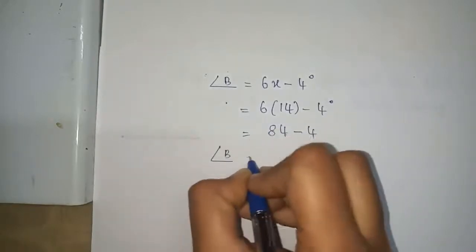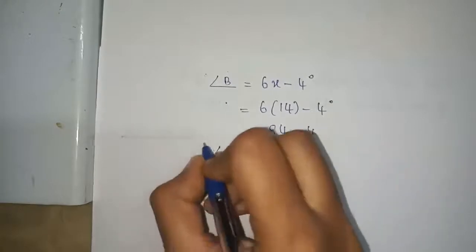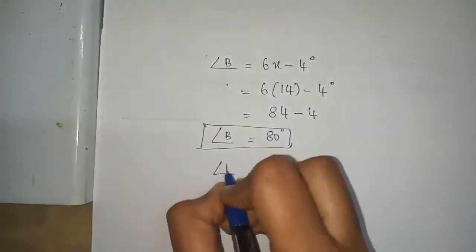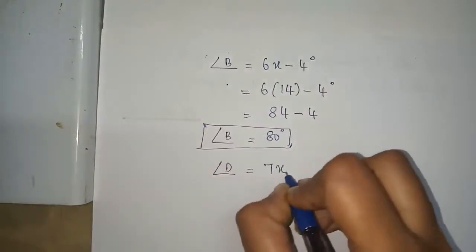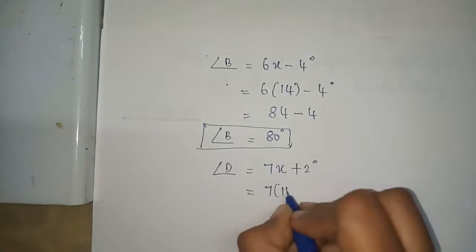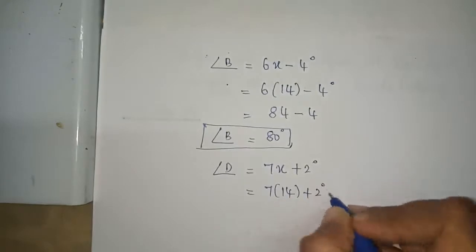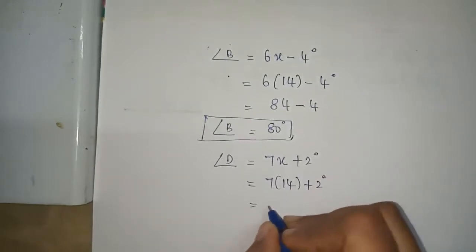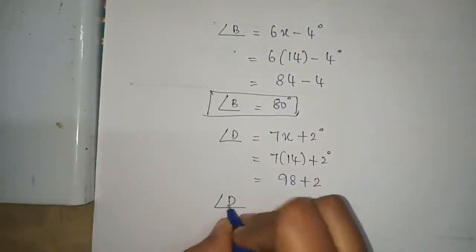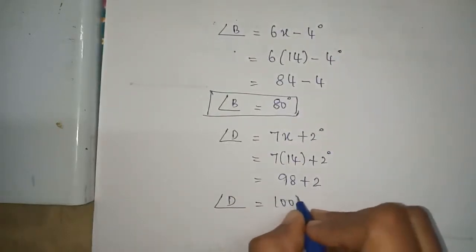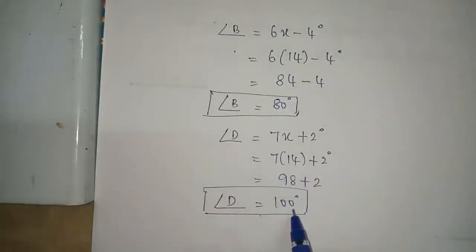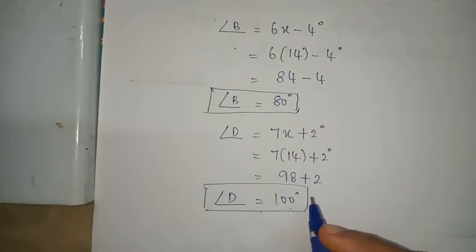So angle B is equal to 80 degrees. Then angle D is equal to 7x plus 2 degrees, which is 7 into 14 plus 2 degrees, 7 into 14 is 98 plus 2. Therefore, angle D is equal to 100 degrees. If you add angle B plus angle D, you get 180 degrees.